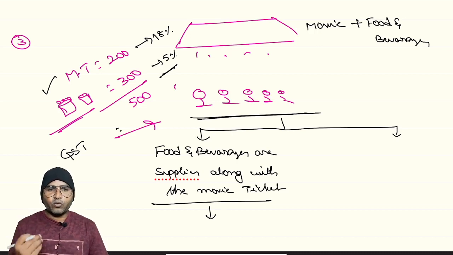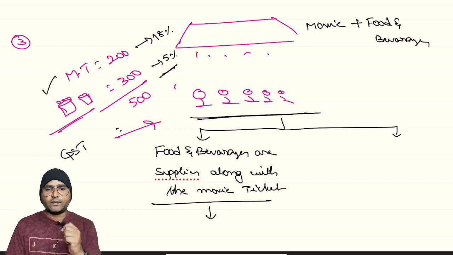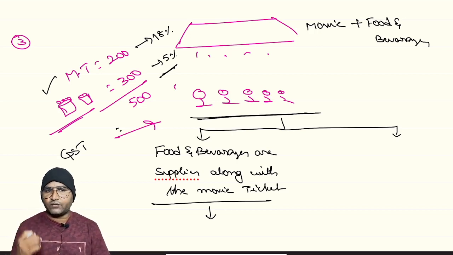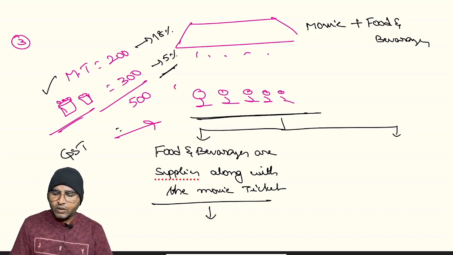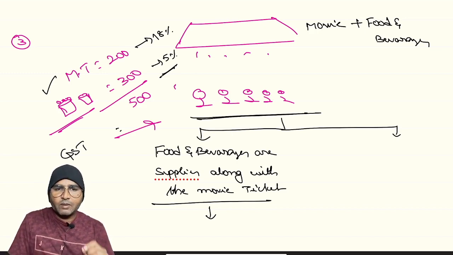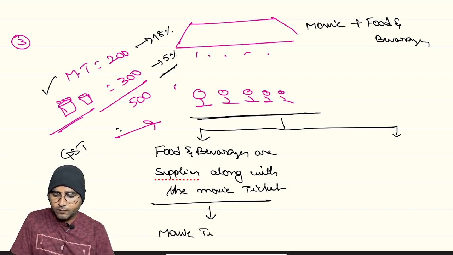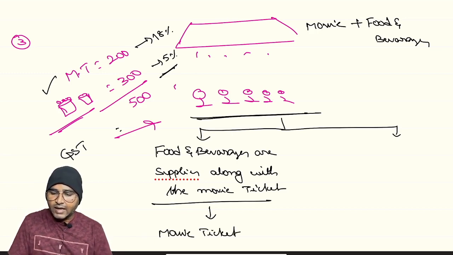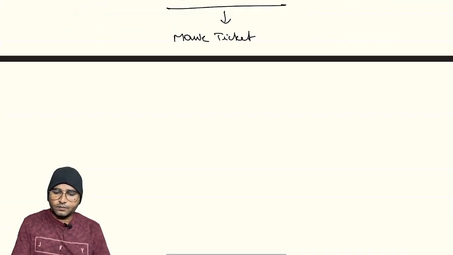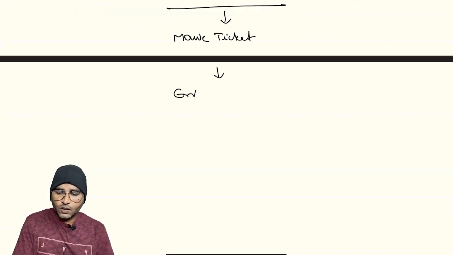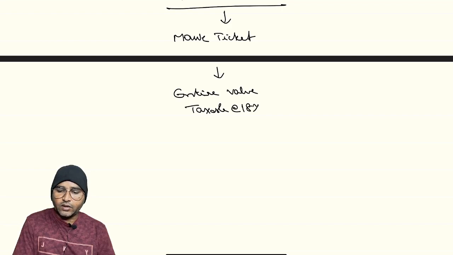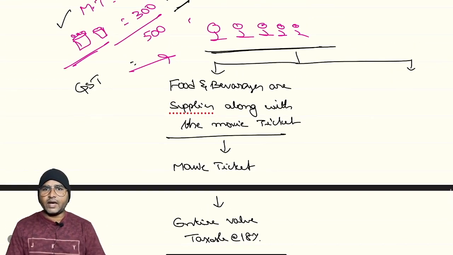So if you are getting food along with the movie ticket, it will be classified as a movie ticket only. So that entire value is taxable at the rate of 18%.